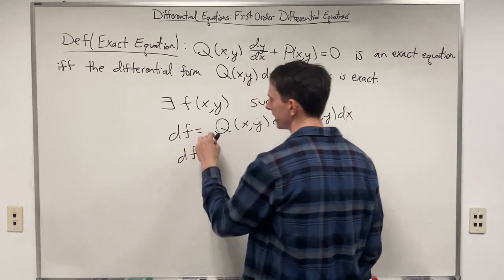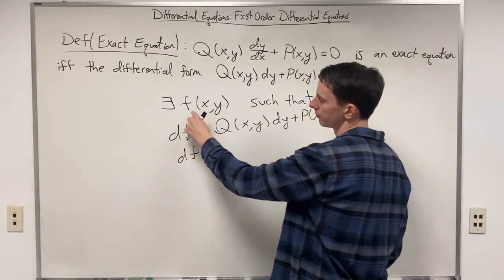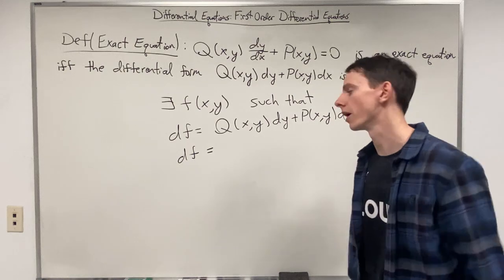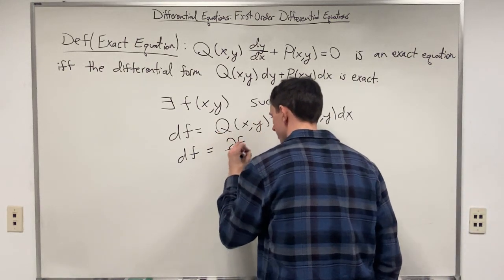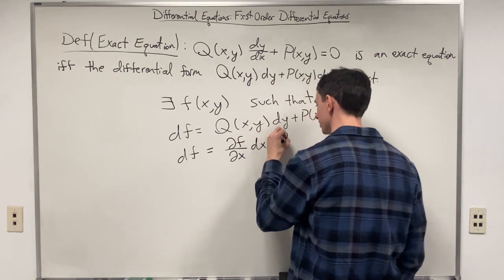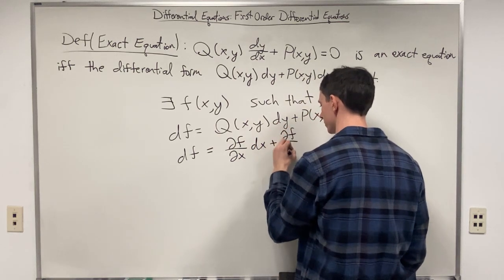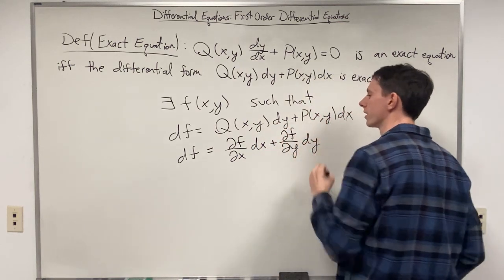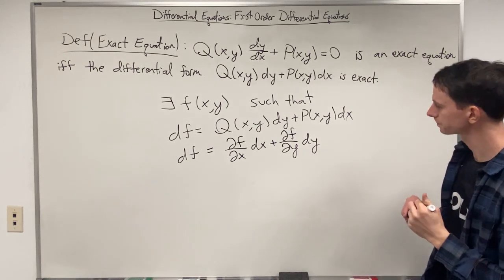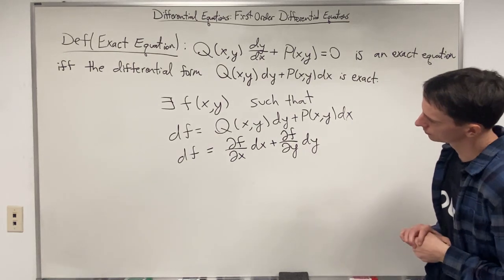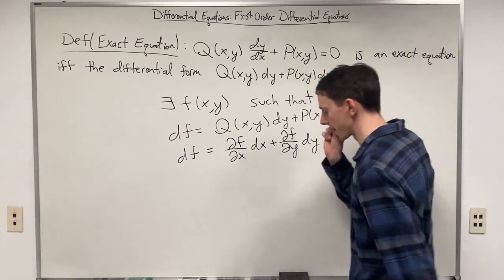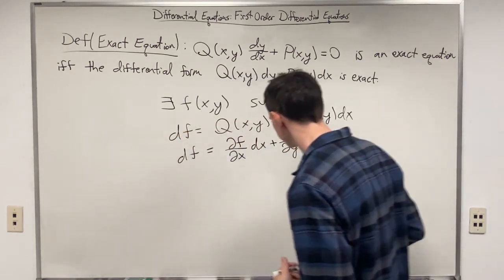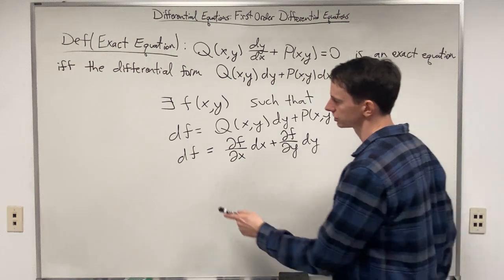If I were to take the differential of a function f of x,y, that needs to be equal to partial f partial x dx plus partial f partial y dy, like this. This is always going to be true. So we have two different expressions for df.